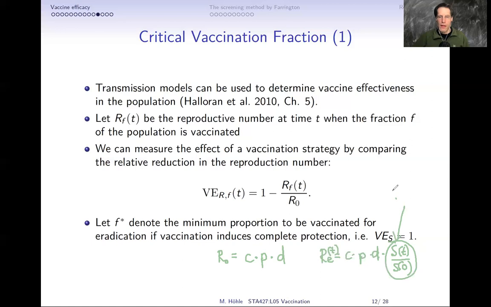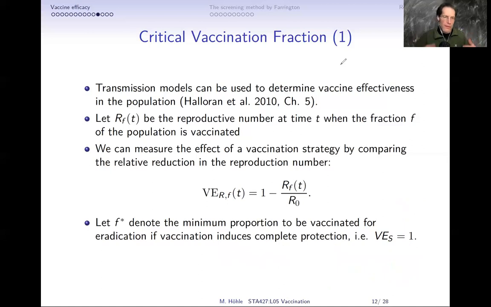So this one would, for example, be 1 minus f instead. So we would have that R_E(t), or probably R_F(t), would simply be R naught times 1 minus f in the simplest setting, right? Okay.